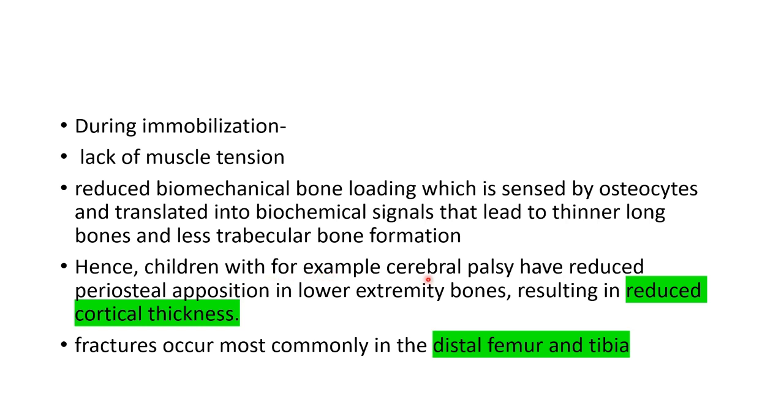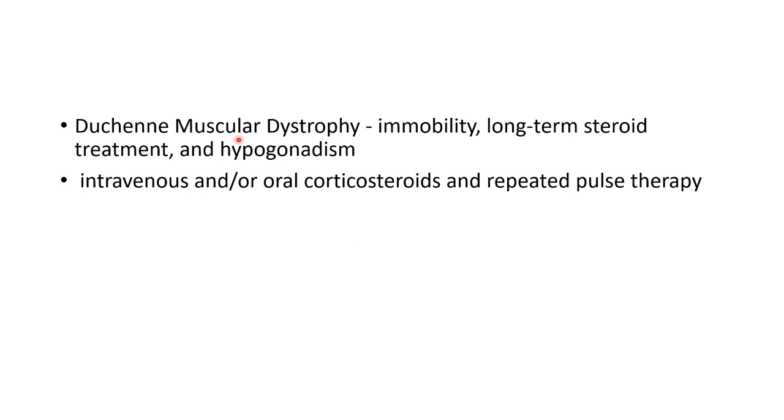Hence, children like those with cerebral palsy have reduced periosteal apposition in the lower extremity bones, resulting in reduced cortical thickness. Fractures occur most commonly in the distal femur and the tibia.